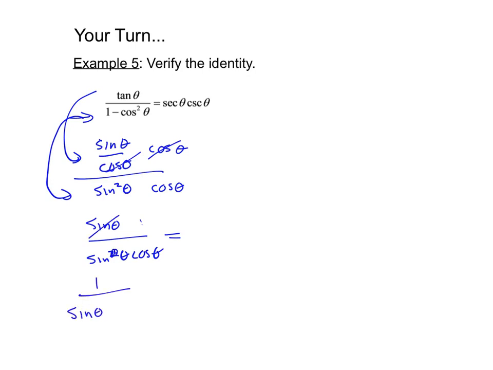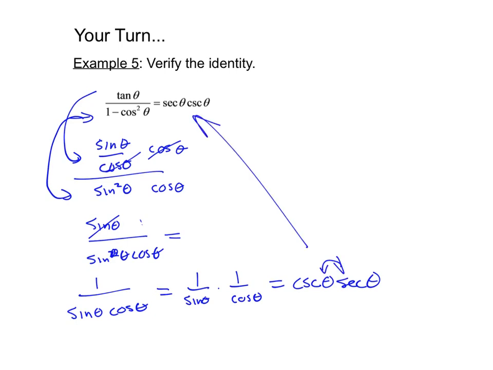So I have 1 over sine theta cosine theta, which becomes 1 over sine theta times 1 over cosine theta, which becomes cosecant secant, which flip-flopped is the same thing, which is exactly what I want.